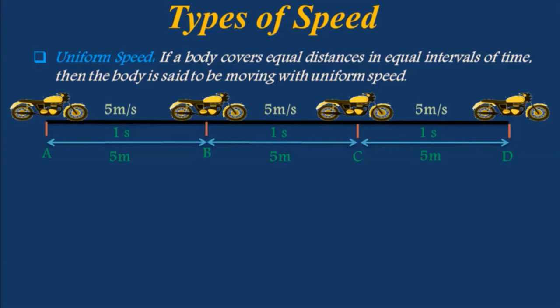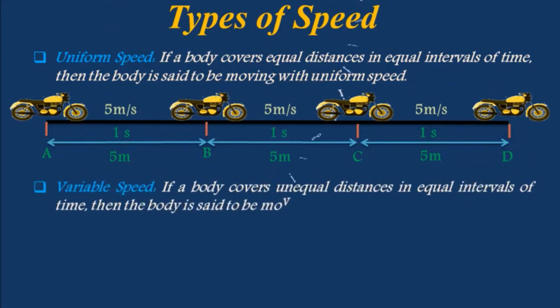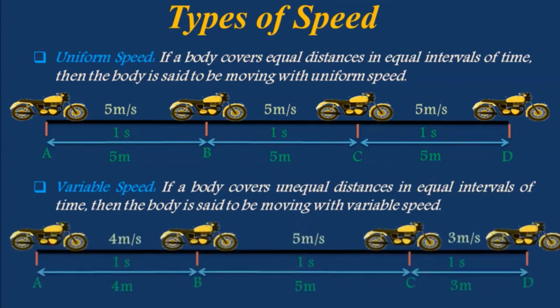Next one, variable speed. If a body covers unequal distances in equal intervals of time, then the body is said to be moving with variable speed. Look here, this bike is moving with different speeds.